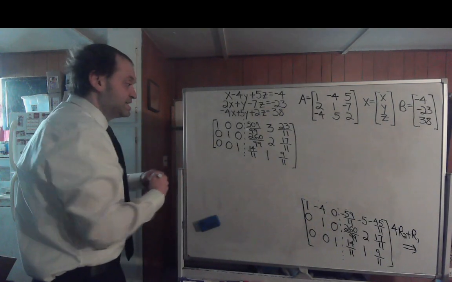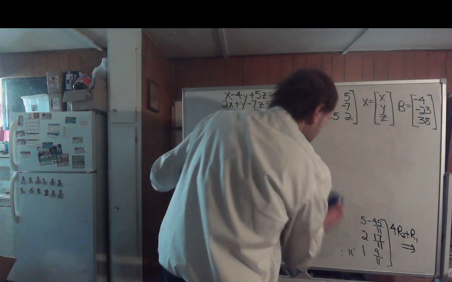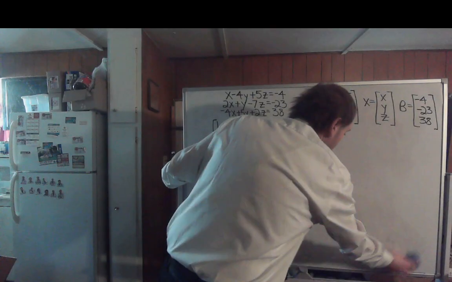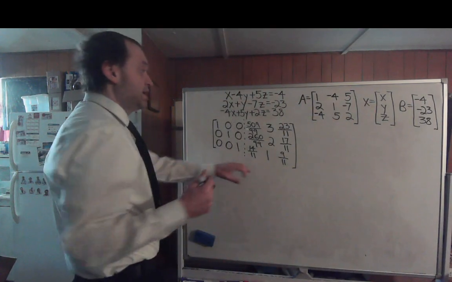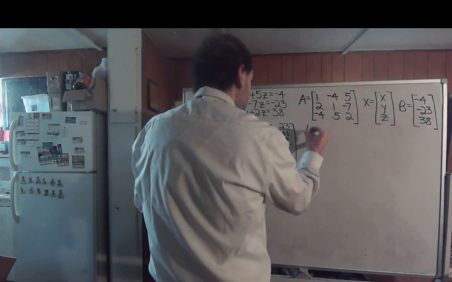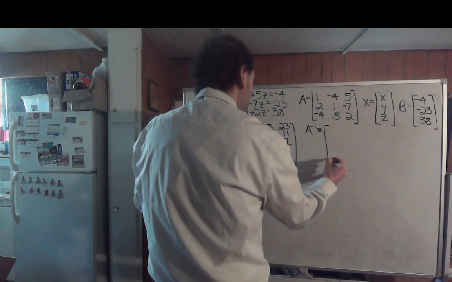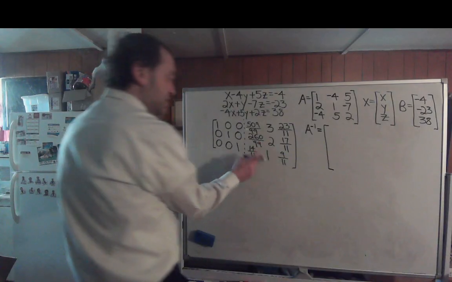Well, we have the identity matrix on the left now. This gives us whatever's to the right of the augmented matrix to be our A inverse. So your A inverse is going to be everything to the right of this augmented line.